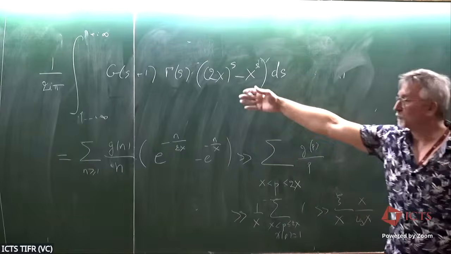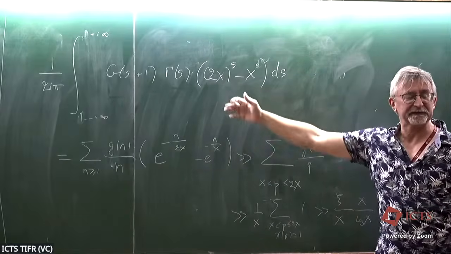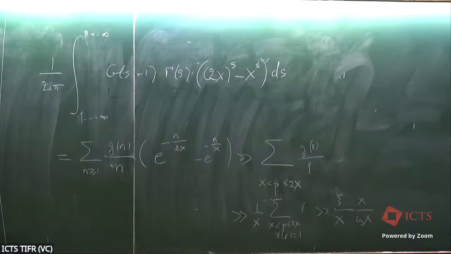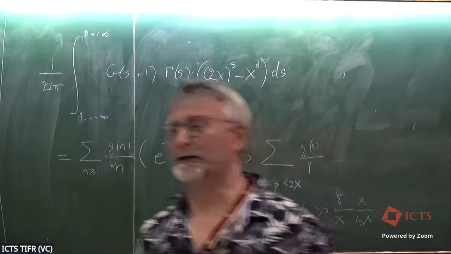Okay, and now when you see this kind of integral, what are you going to do with it? Type it in LaTeX, yes, okay. But after having typed it in LaTeX... Saddle point method.